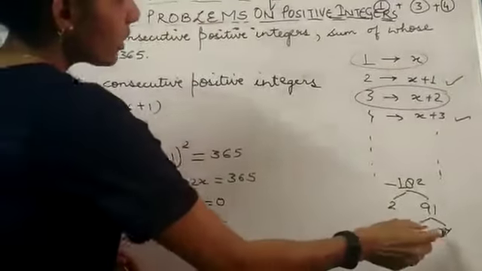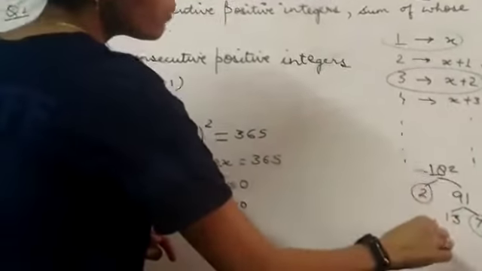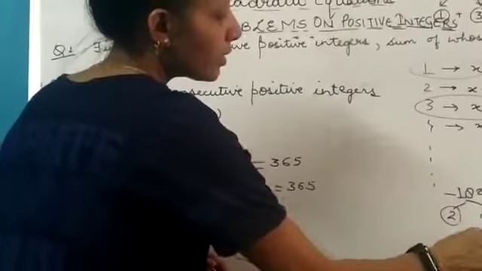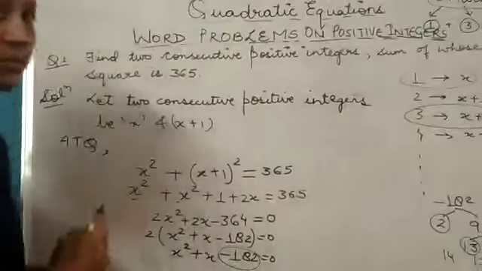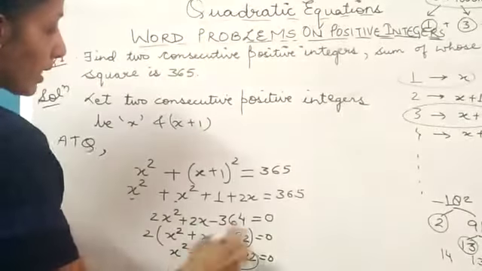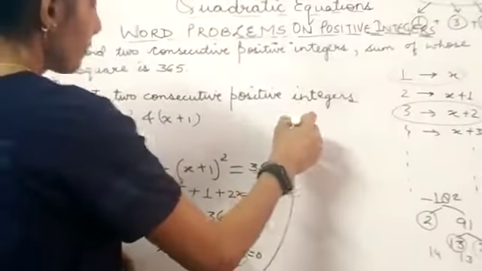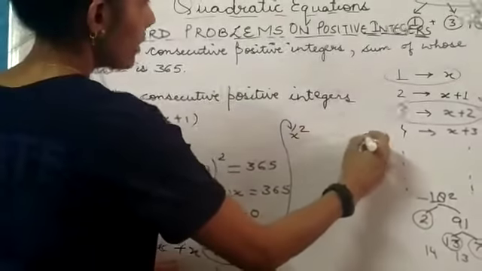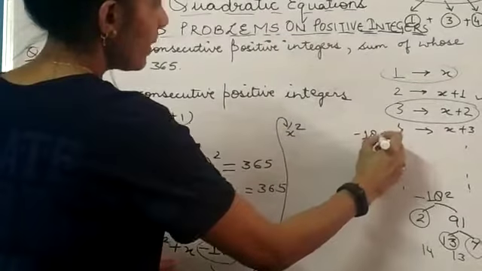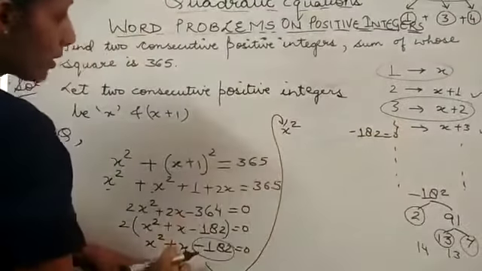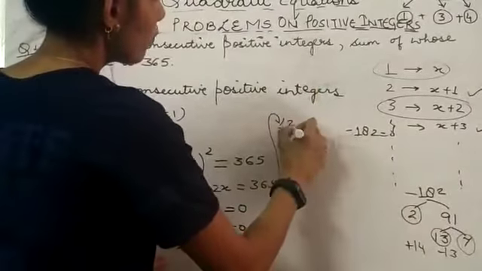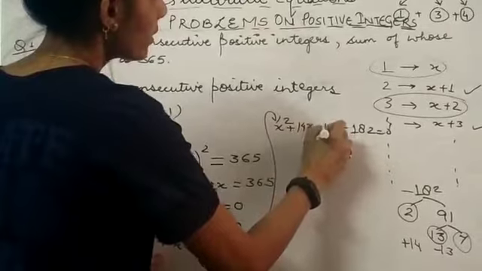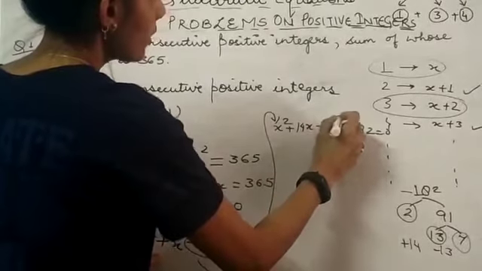Now you see 7 into 2 gives me 14, and this 13 is here, and 14 minus 13 will give me 1. So I can write x square as it is, minus 182 as it is, and replace this positive x with plus 14x minus 13x.